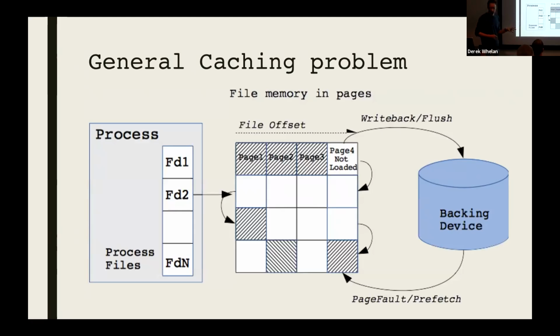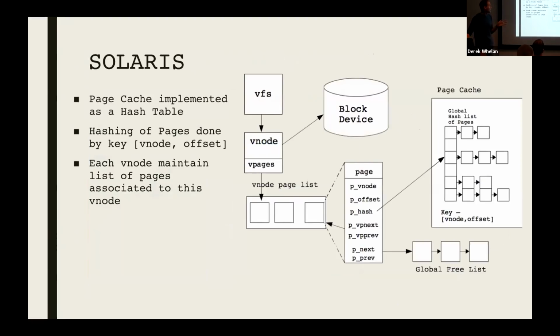The process itself. But this is a general problem, and many operating systems attack this problem in a similar way. So if we take a look at Solaris 10, what do we have? We have, again, the file system, VFS, which is connected to vnode. Vnode is inode, as you may remember from the previous presentation.